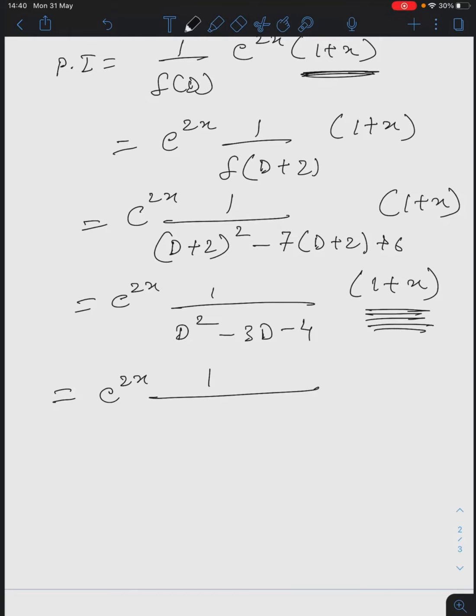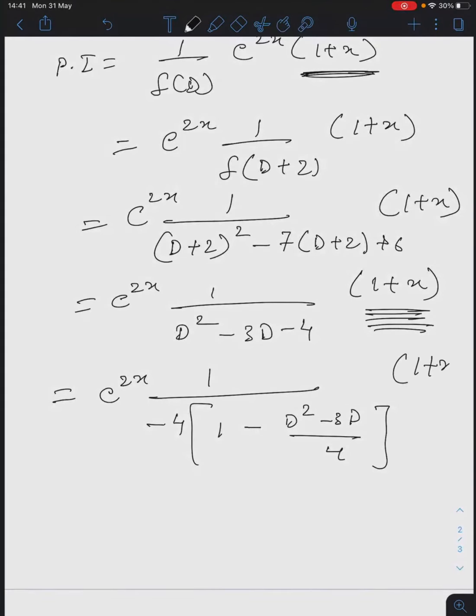Then answer, what is the lowest degree term in that function in the denominator? Minus 4. Yes, minus 4. If you take minus 4 common, you will have 1 minus (d square minus 3d) by 4. Will you have this one? Yes, ma'am.